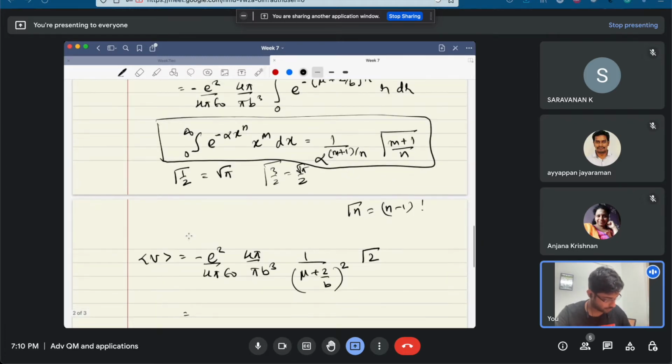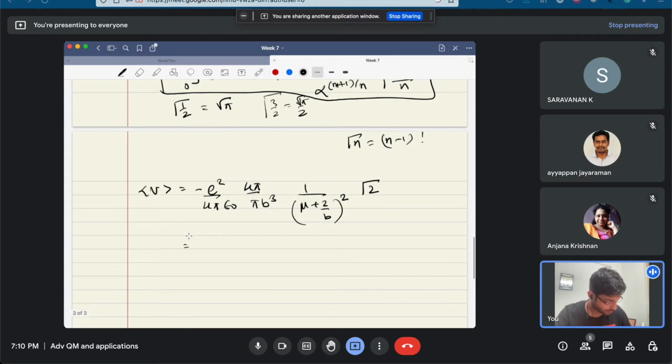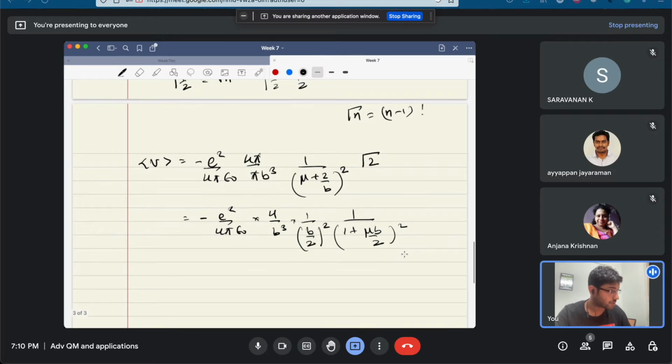Did I miss something? Okay, we can just simplify it further. You can cancel this part. 4 by b cube, you can take the 2 by b out, so what we are taking is 2 by b whole square out, and we get a 1 plus mu b by 2 whole square. So this simplifies a bit, does nothing much.